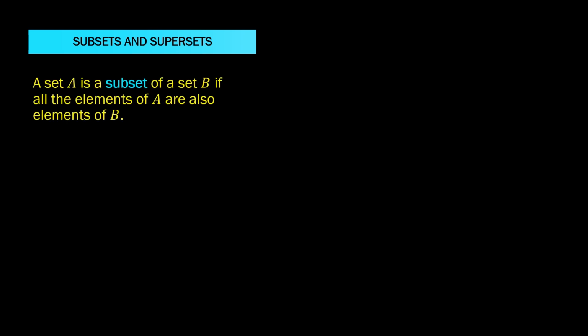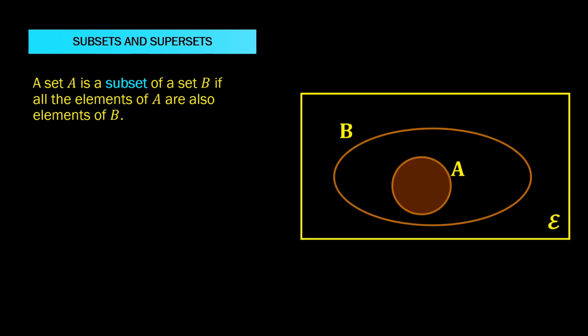We will now take a look at subsets and supersets. A set A is a subset of a set B if all the elements of A are also elements of B. This can be illustrated as shown.